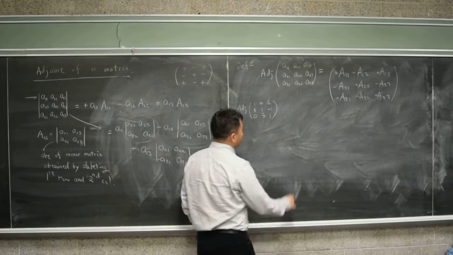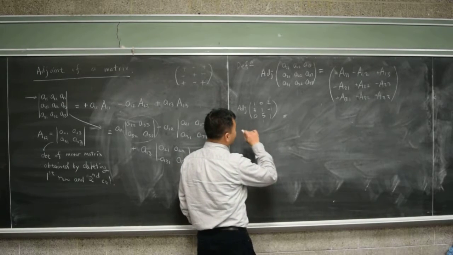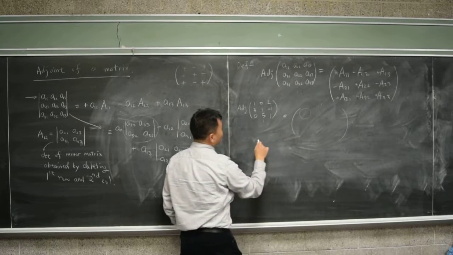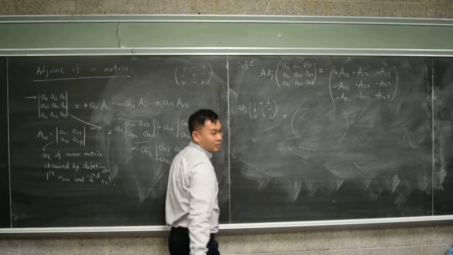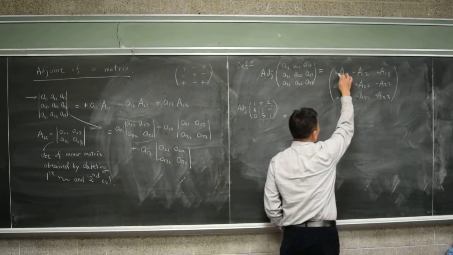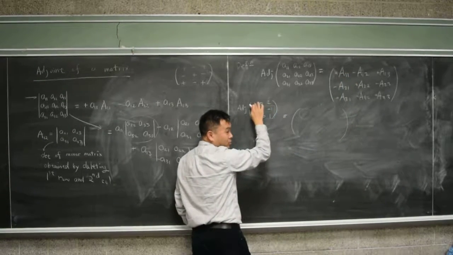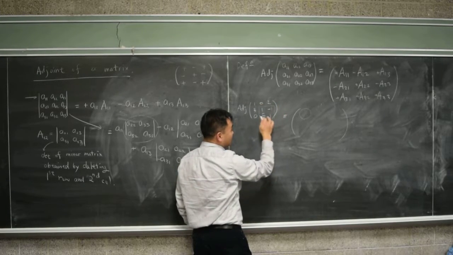Computing this is long and tedious, but let's try. First I want to figure out what goes here. It's the determinant of this part, because capital A11 means you delete this item along with the column and the row containing the item. So what's left is this much.